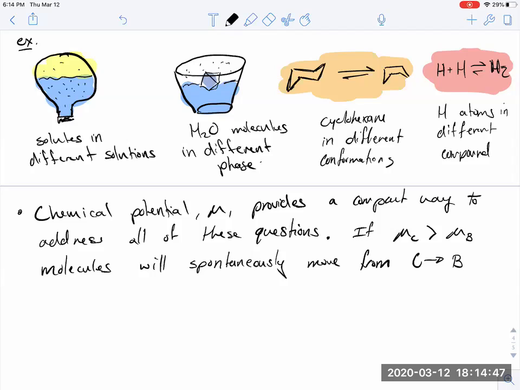And they'll keep doing that until they reach equilibrium, or, for example, C is all gone.